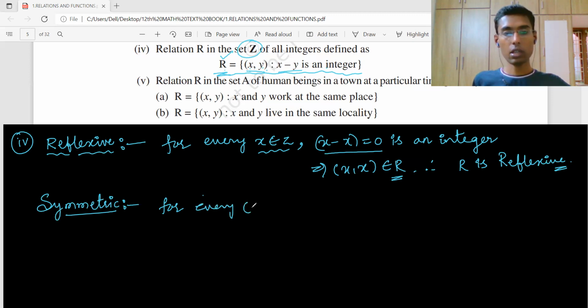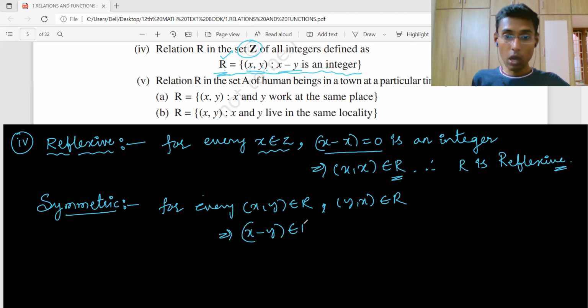You should give the reason. For every x comma y belongs to R, x minus y is an integer.